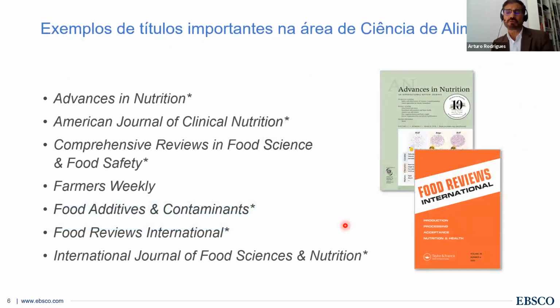Estes são alguns dos títulos que podemos encontrar nesta base de dados. Por exemplo, temos a Advances in Nutrition, ou a Food Reviews International. Obviamente, esta não é uma lista exclusiva, existem outras, evidentemente, dentro desta base de dados.